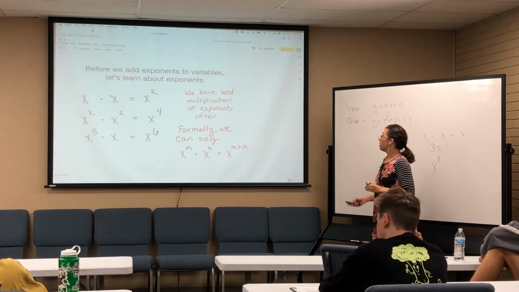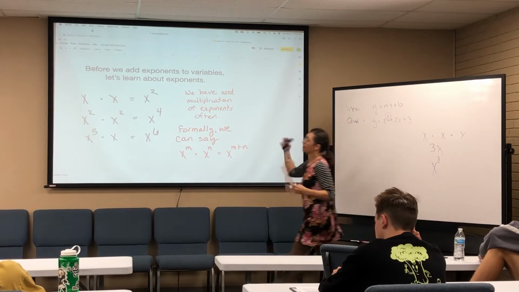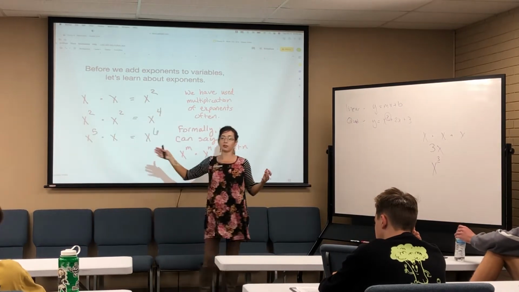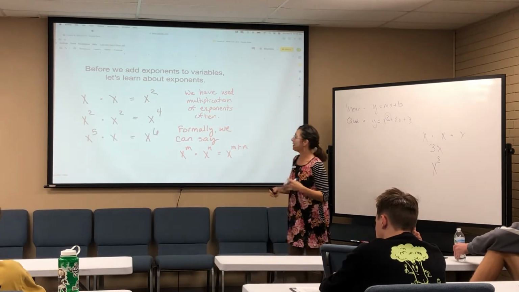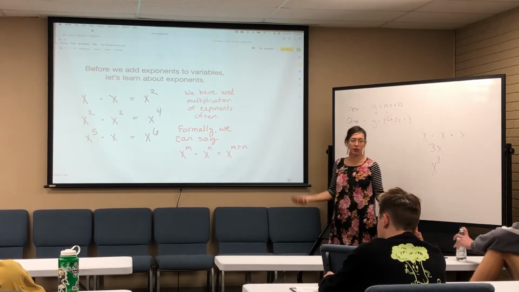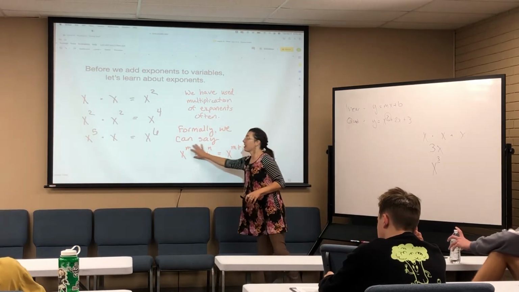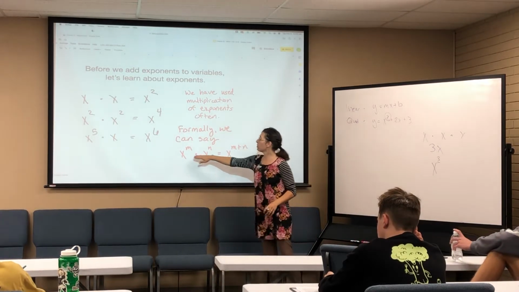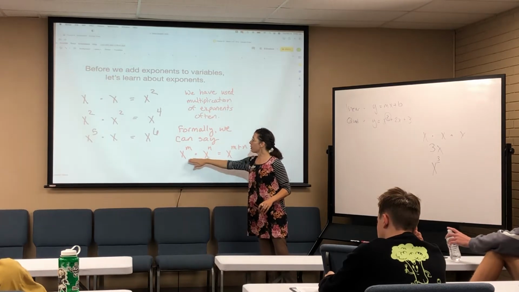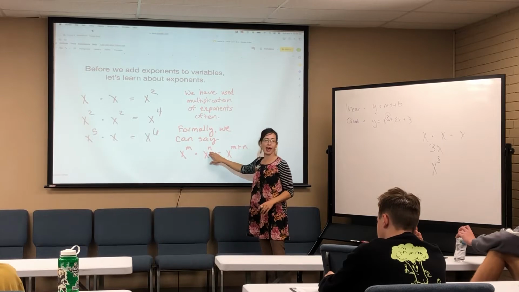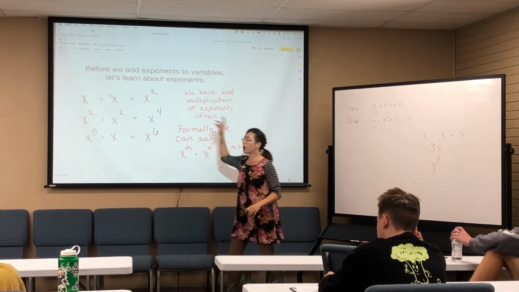Okay, so when we have them, you just know that x times x is x squared. We've just always done that, okay? If I had x squared times x squared, it would be x to the 4th, okay? Officially, there's a rule that says when we multiply numbers that have the same base, then all we do is add the exponents, which is what we've been doing.